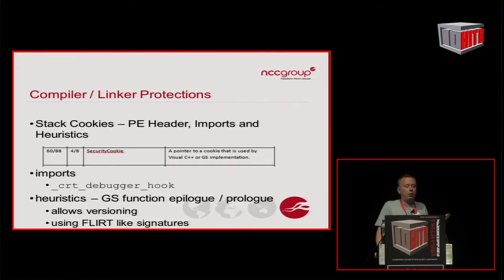It's effectively a really cheap way to fingerprint the prologues and epilogues of the stack cookie implementations for the different versions. So it gives us resolution in terms of saying yes, there are stack cookies used within this binary, but between the very early, or the first few versions at least, it also gives us function resolution. So we can say yes, it is stack cookie protected, and it's protected by Visual Studio 2003's version of stack cookies. So again, we get that fine-grained detail if we need it.